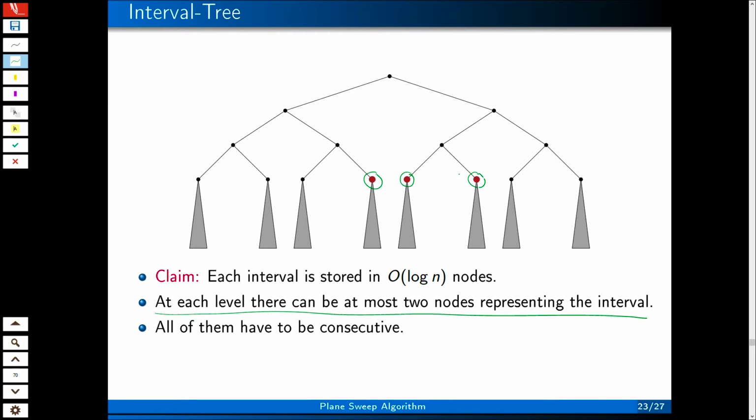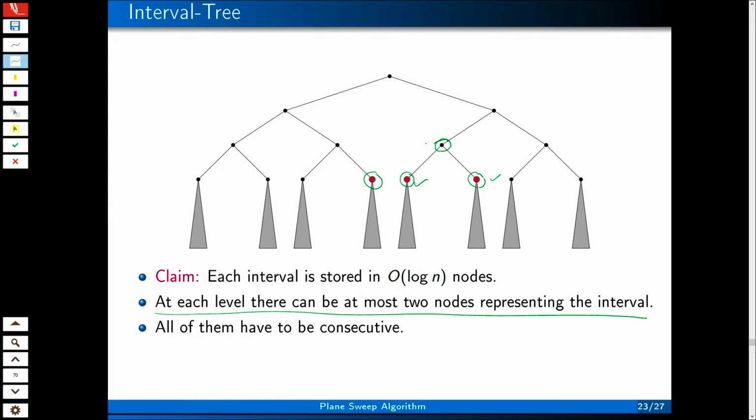They have to be consecutive because the interval is consecutive. Now if I have 3 consecutive nodes in the same level of a balanced binary tree, there has to be 2 nodes which are siblings. That means they have the same parent. So instead of storing the intervals here and here, I would have stored the interval here.